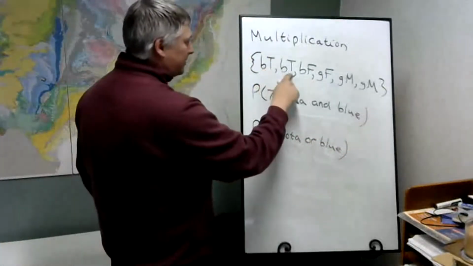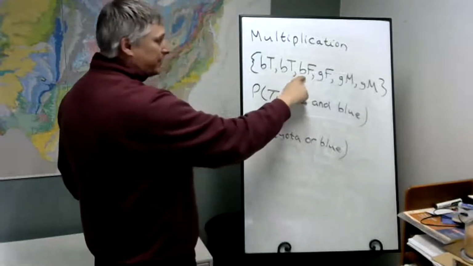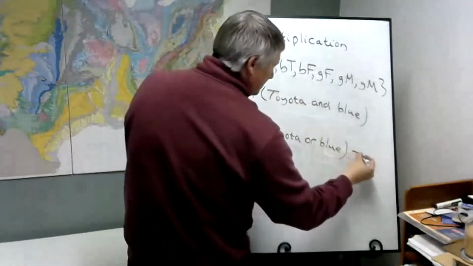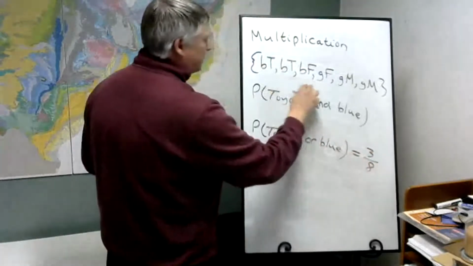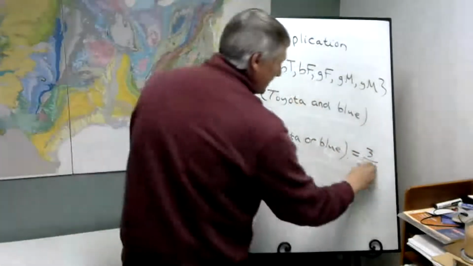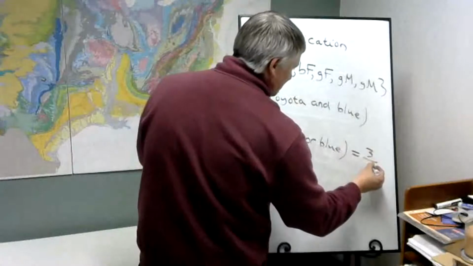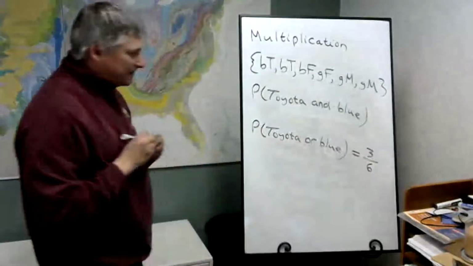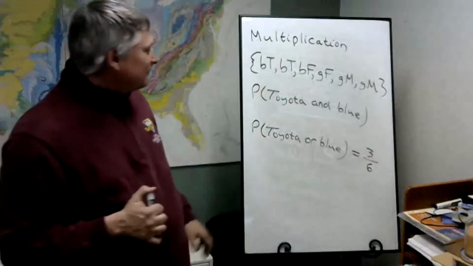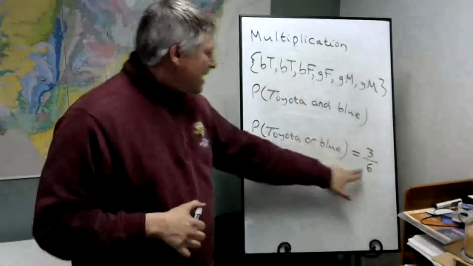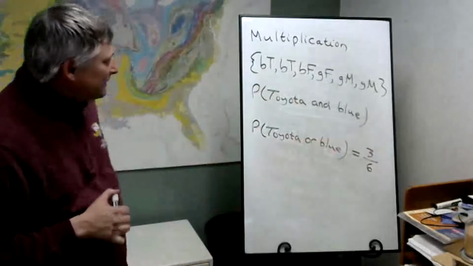Well, here's a couple Toyotas, and then we can also win with this one because it's blue, the blue Ford. So 3 of these elements out of the 6 will work.